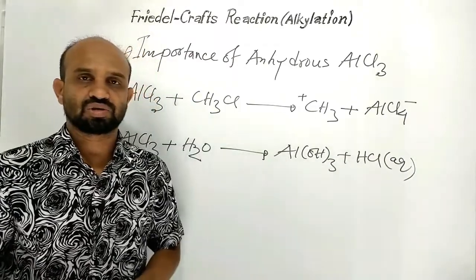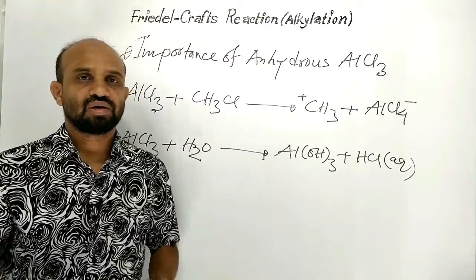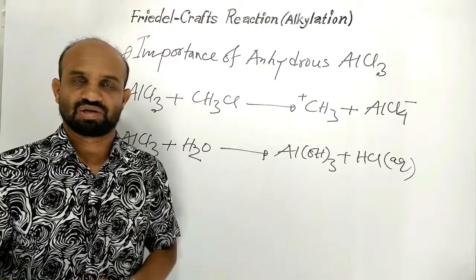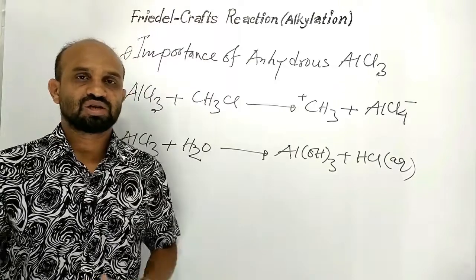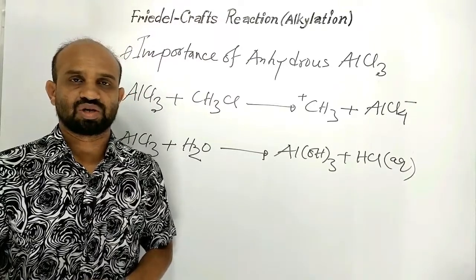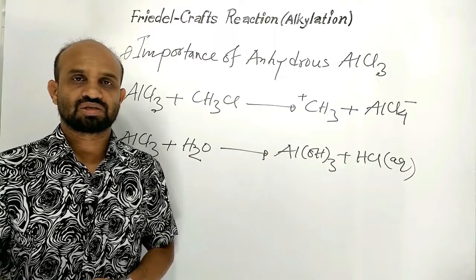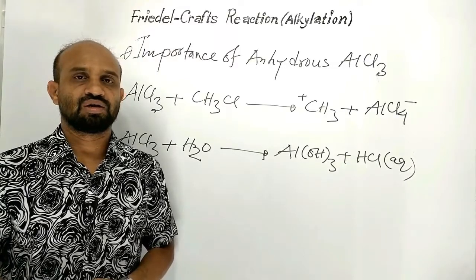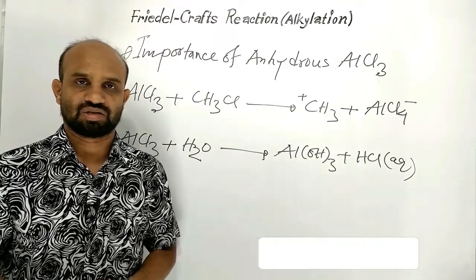But to produce electrophile, anhydrous aluminum chloride is required. So this is the importance of anhydrous aluminum chloride that produces electrophile in Friedel-Crafts alkylation.